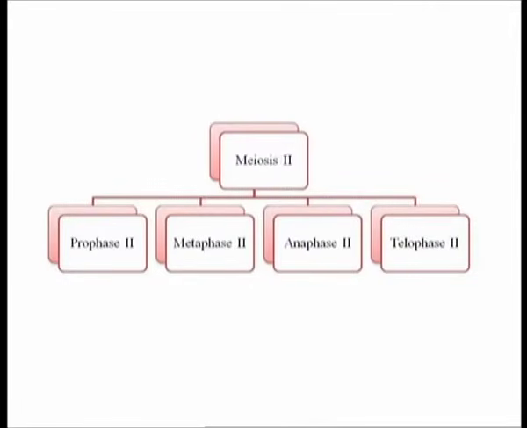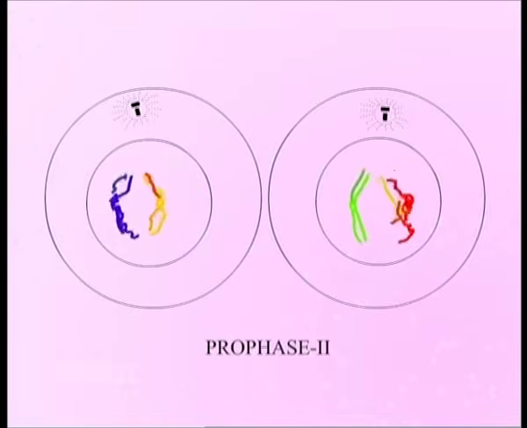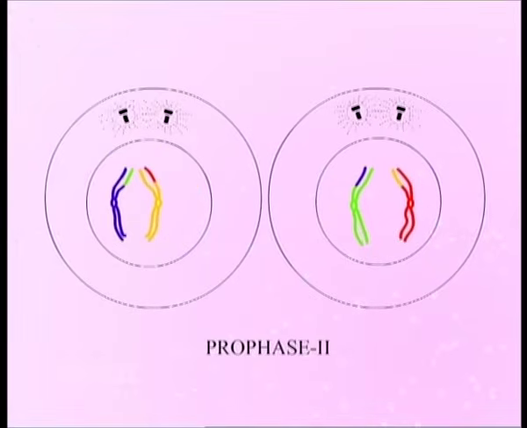To distinguish these stages from those of meiosis I, the second meiosis stages are designated by adding 2 against them. Prophase II is of short duration. The chromosomes shorten and reappear. Formation of spindle starts. The 2 chromatids are attached to the single centromere. Nucleolus and nuclear membrane begin to disappear.